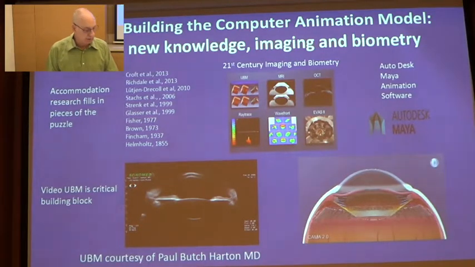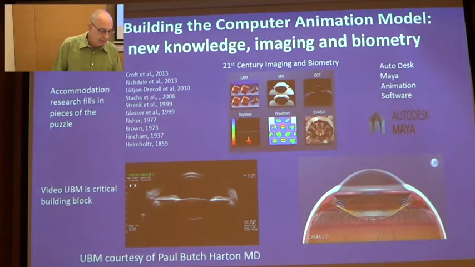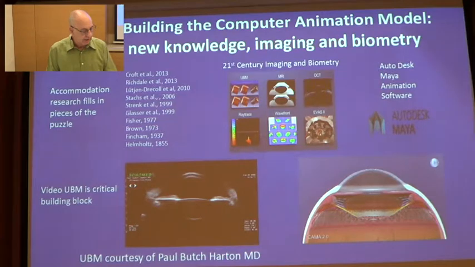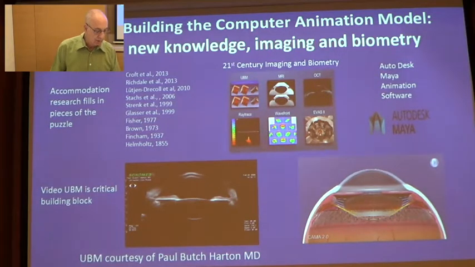In producing the model, the most up-to-date research in accommodative science was critically analyzed and incorporated, particularly the new knowledge of the anatomy of the zonule and the extralenticular structures. The form of the model is based on the horizontal plane, as seen in the video UBM, and the scale is correlated with the latest biometry.